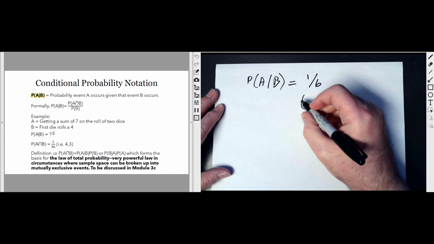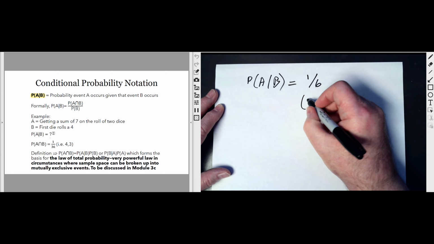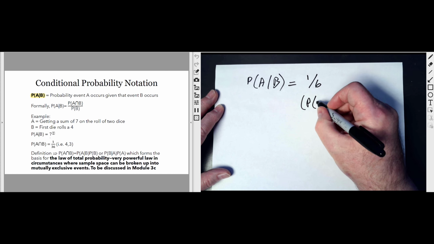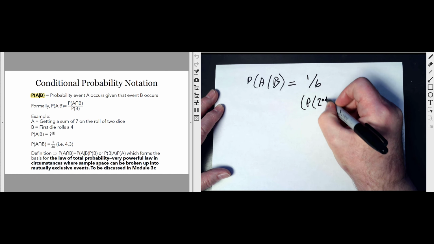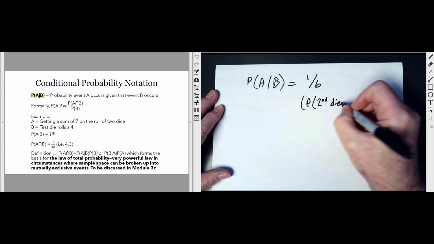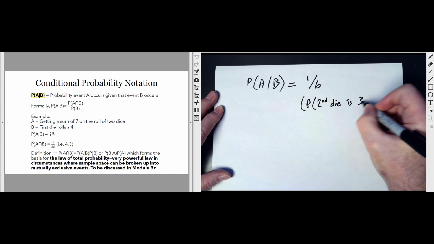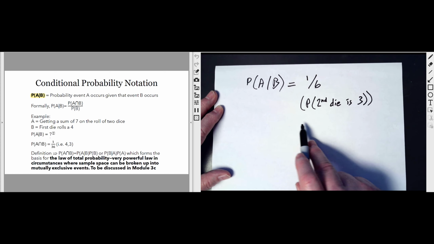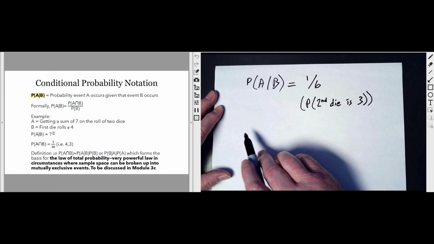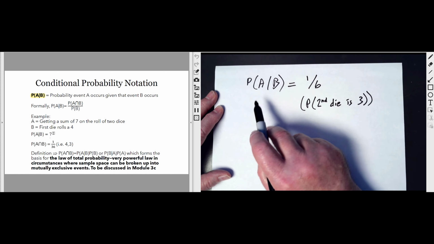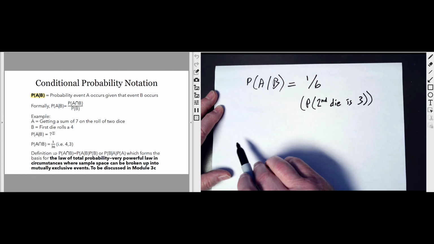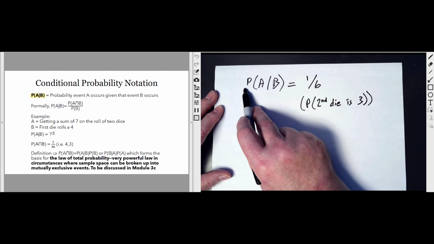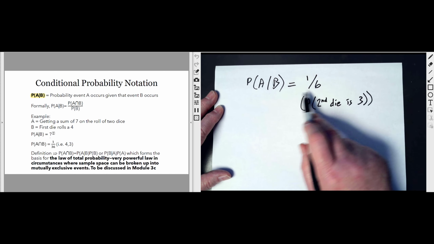That is the probability that the second die is 3, because the first die is 4, all right? Well, so we know now the probability of A given B is 1 over 6.